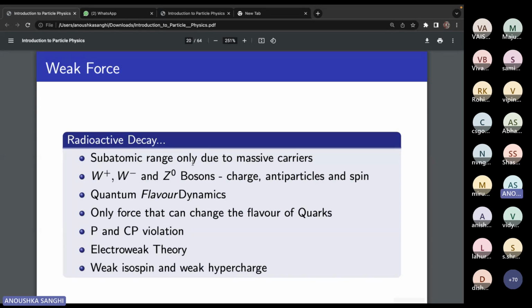So if the top quark is there and it emits a photon, the final particle we get will again be the same particle, the same identity, the top quark.